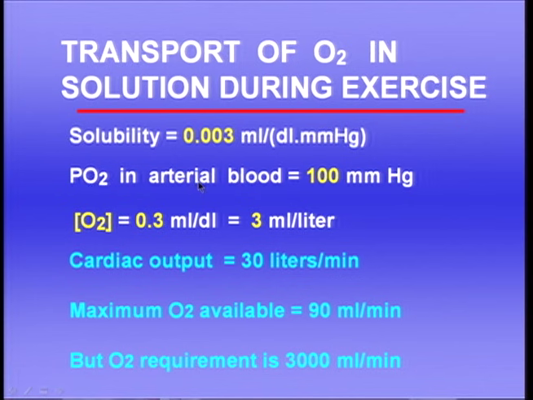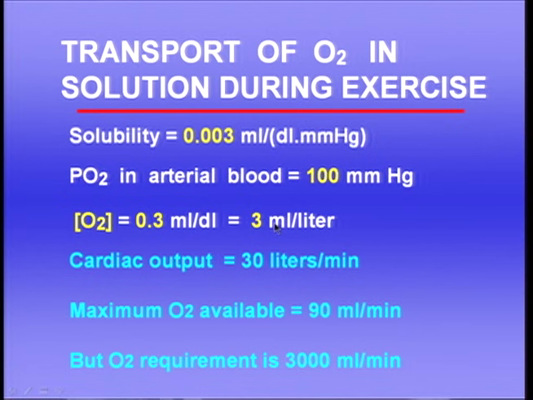PO2 in arterial blood, which we will discuss extensively eventually, but take it from me that it's about 100 millimeters of mercury. And therefore the oxygen dissolved in arterial blood is going to be 100 times 0.003 or 0.3 mils per deciliter, which is equal to 3 mils per liter.